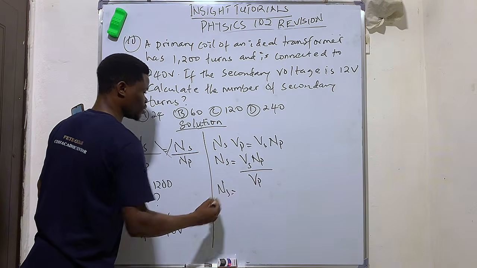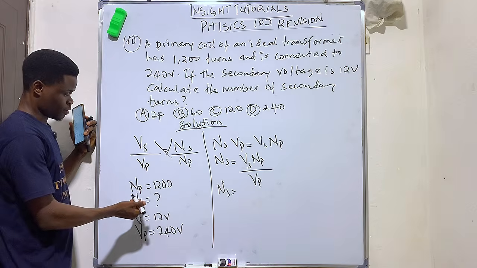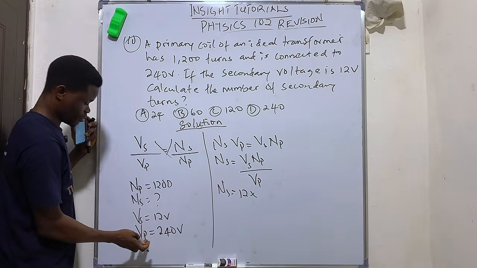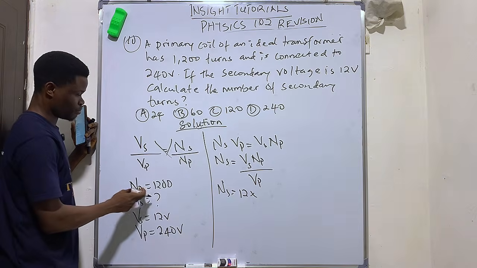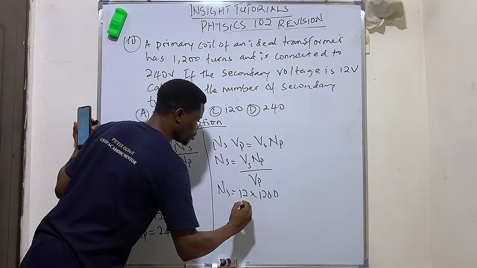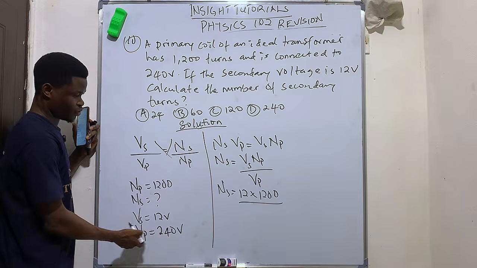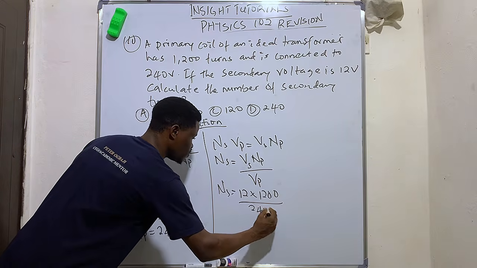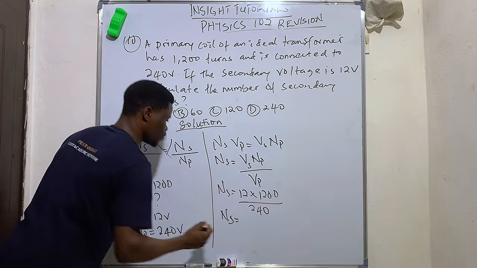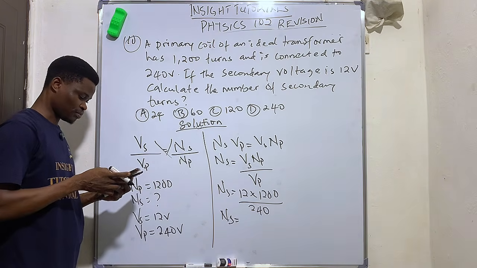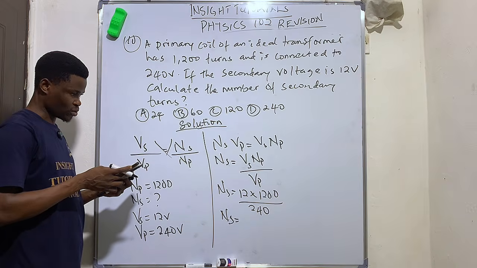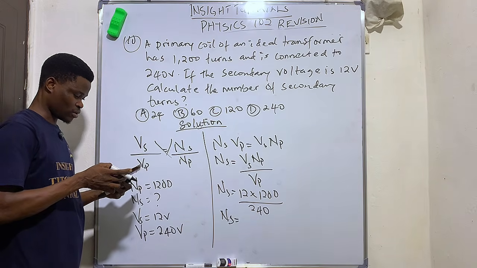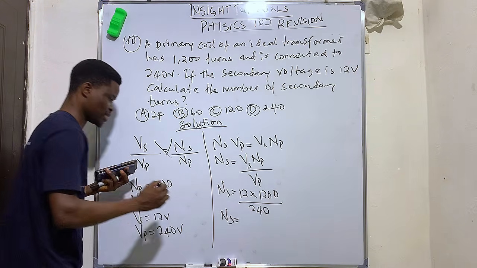So our number of secondary turns is going to be 12, our Vs, times 1,200, the number of turns for the primary coil, all over 240, our primary voltage. So the number of turns secondary is 12 times 1,200 divided by 240. So our answer is 60 turns.